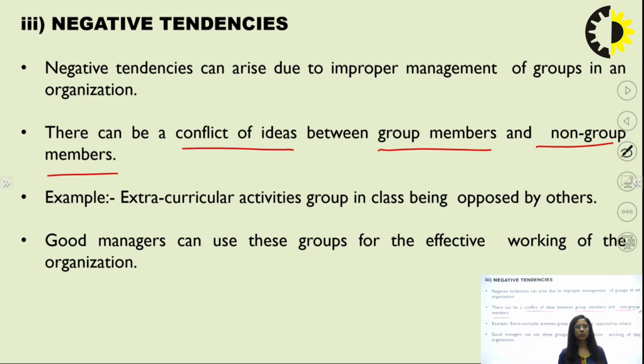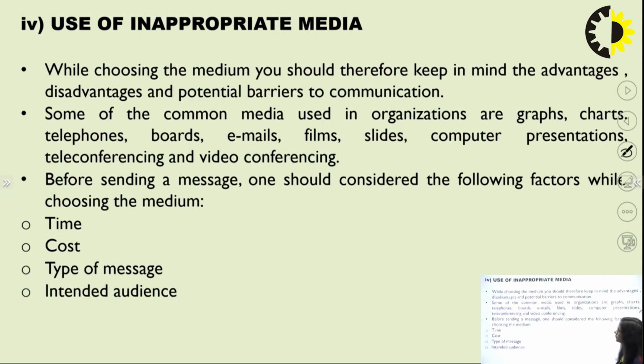These groups may be formal or informal, and generally consist of people who share similar values, similar attitudes, similar beliefs, and similar behaviors. We can take an example of an extracurricular activities group in class which is opposed by others. So good managers can use these groups for the effective working of the organization.